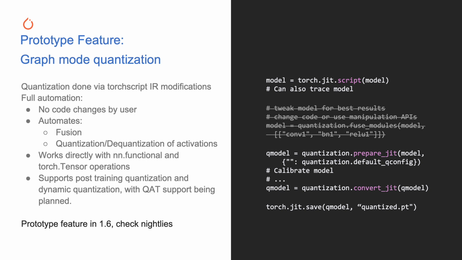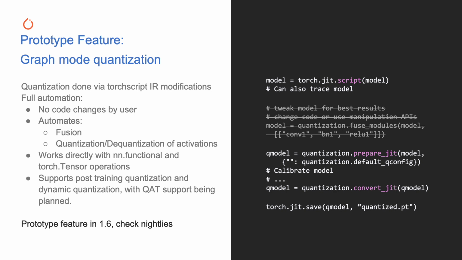PyTorch is generally an eager mode framework, which defines the network by running, and it does not try to construct a graph ahead of time representing that network. For scripting and running these networks efficiently on deployment hardware, we do create a graph. Once we have that graph, we can use our graph mode quantization to modify it.